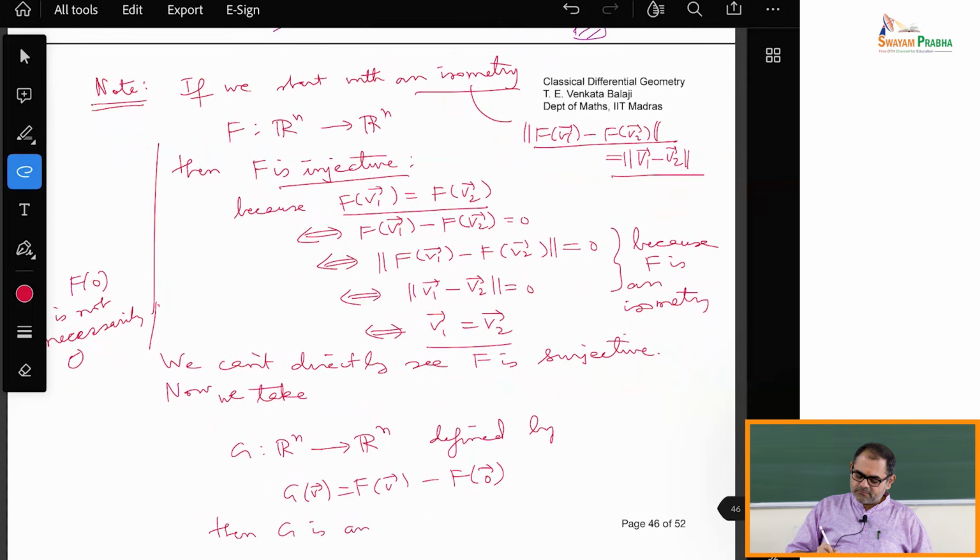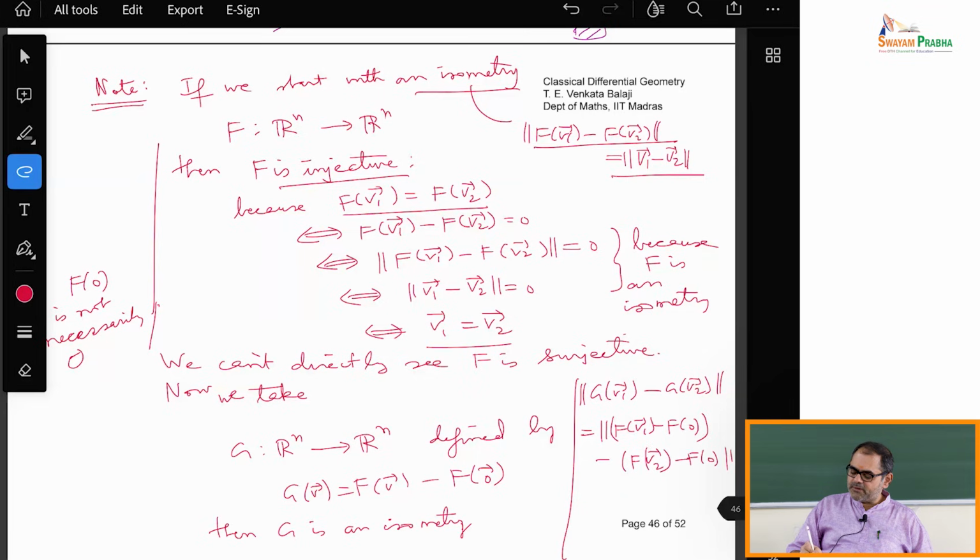Since g is an isometry, and that is just an obvious calculation. If you calculate norm of gv1 minus gv2, by this definition you will get norm of fv1 minus f0 minus fv2 minus f0, and you see the point is that this f0 cancels out and you will get norm of fv1 minus fv2, and that is equal to norm of v1 minus v2.